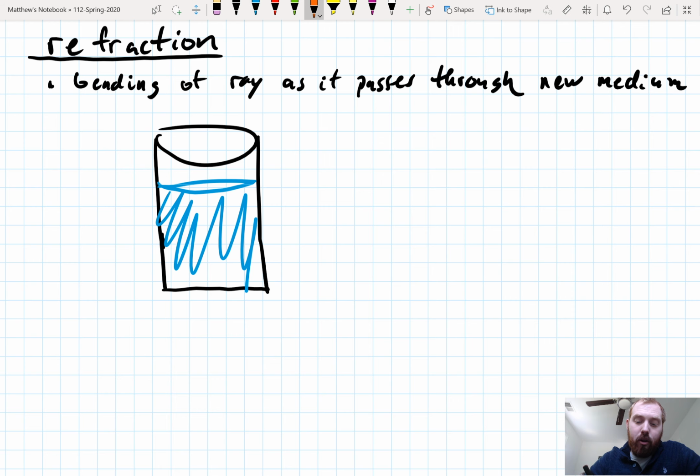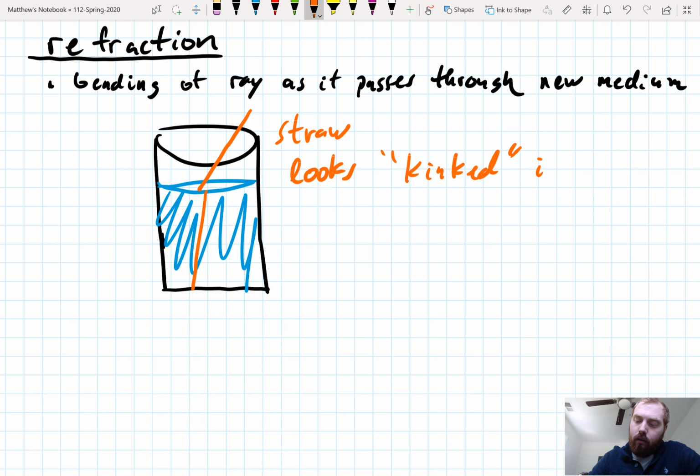And what do you notice? You put your straw into the glass, and suddenly it looks broken or twisted or kinked. That's an example of refraction. It's the bending of the rays as it transits from water to air versus above.